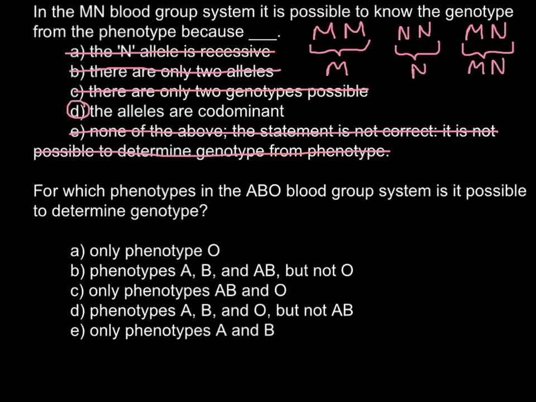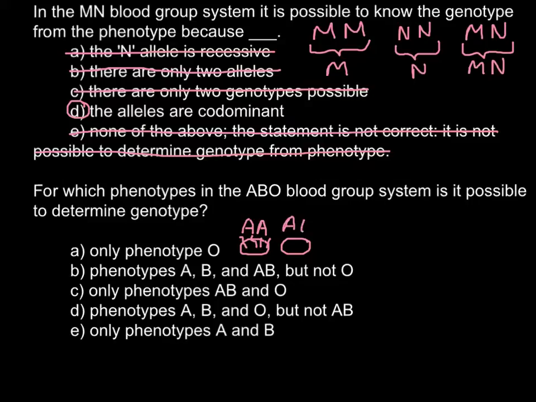So consider such a situation when we have red blood cells, and one would be genotype AA, and here A glycoproteins would be present on its surface.